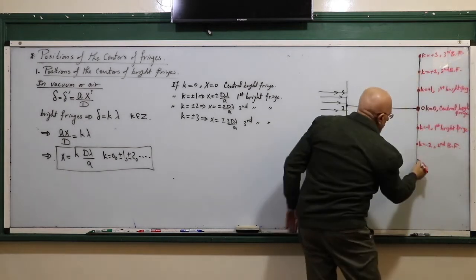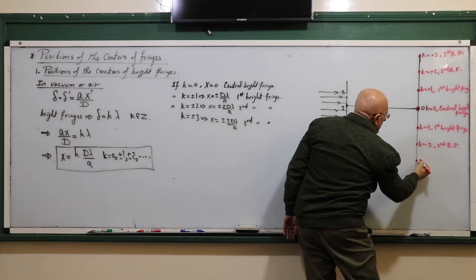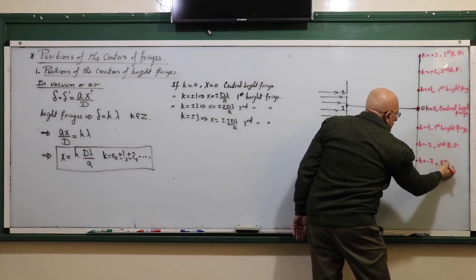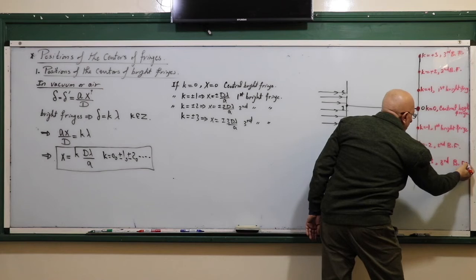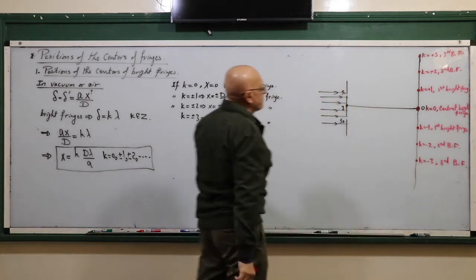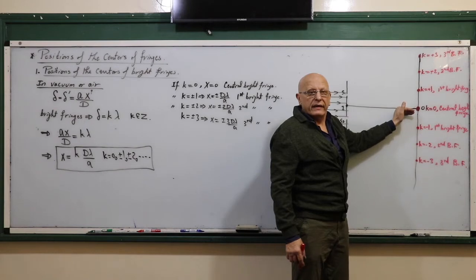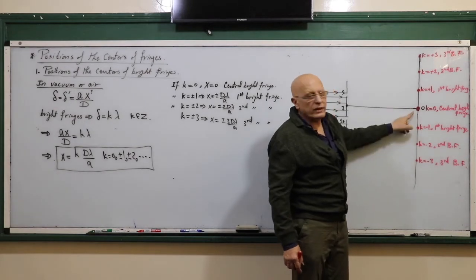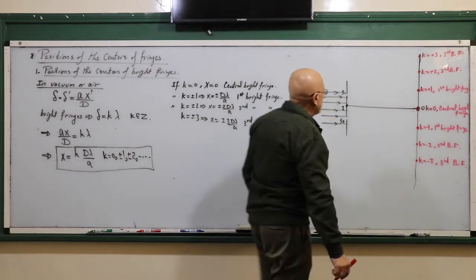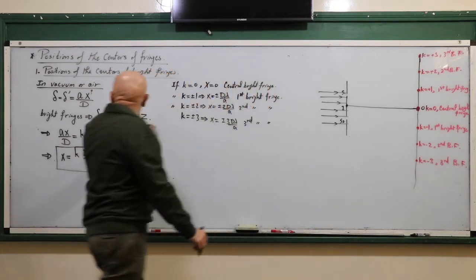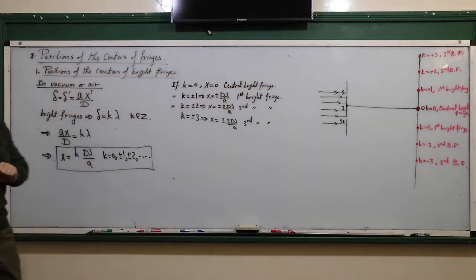Similarly, you move down below O, k equal minus 3. Also here you have the third bright fringe. Okay? As you see, the fringes are symmetric with respect to O. Okay? Right. This is in vacuum or in air.